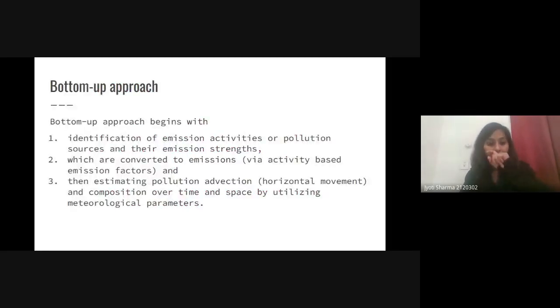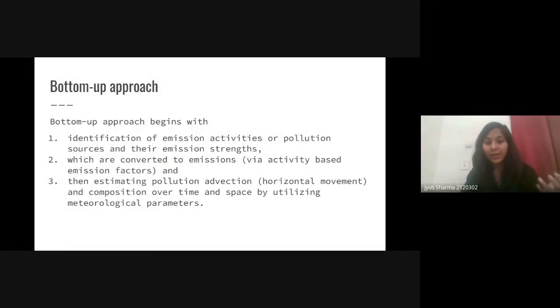So in that bottom-up approach, you will identify the emission activities or the pollution source and their emission strength. So for example, if you went to the thermal power plant, then you will see if there is coal burning, then how much sulfur dioxide is being released from that thermal power plant.